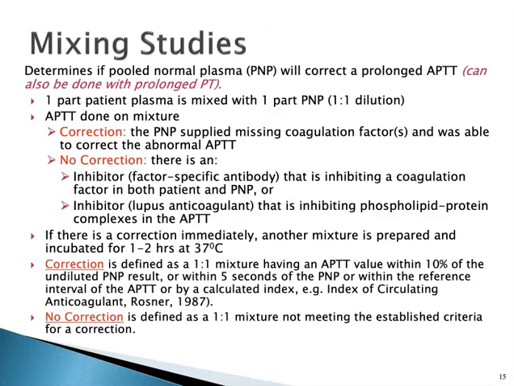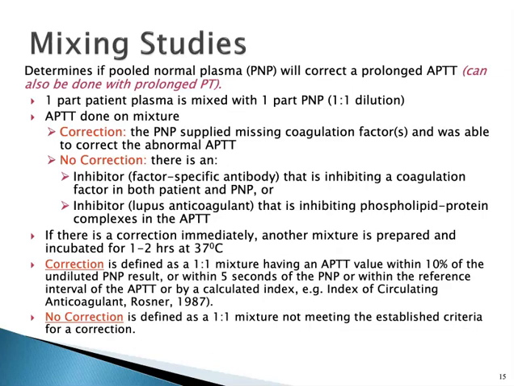Okay, so let's just recap mixing studies, and we did talk about this before. Mixing studies are a great way of determining if a patient is suffering from a major factor deficiency or a circulating inhibitor. A common inhibitor is a lupus anticoagulant, and that's why this is a type of test that can be included when we are doing clot-based assays.